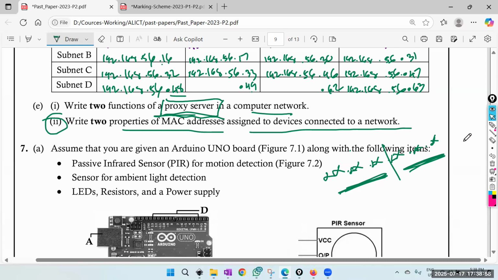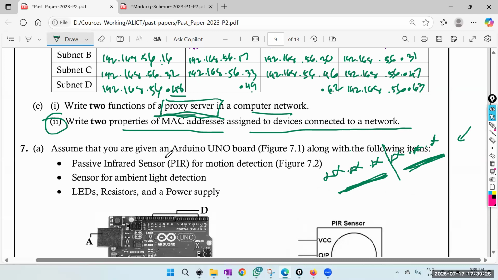So my main point is the last one. A property of MAC address is it can uniquely identify a device in the local area network. And again, I can write MAC address is a layer 2 concept, a logical link layer concept. Another property is the MAC addresses of the destination and source are included in data frames.